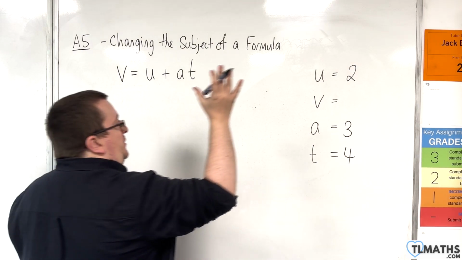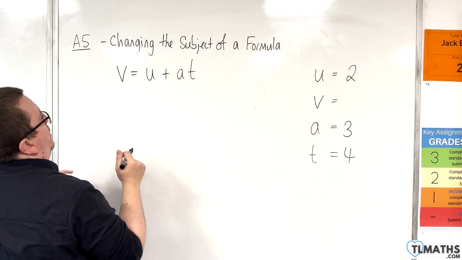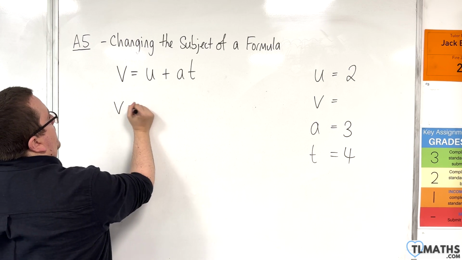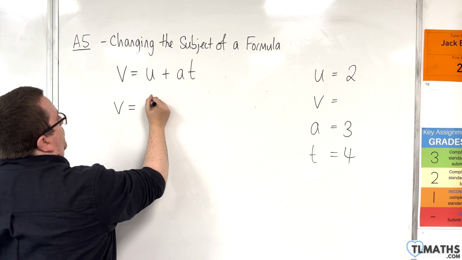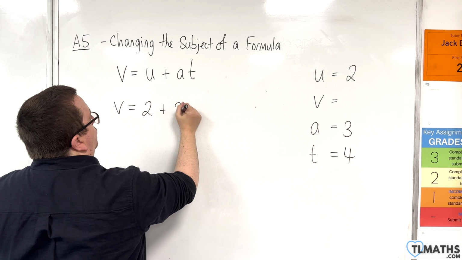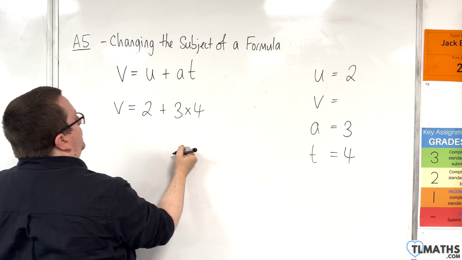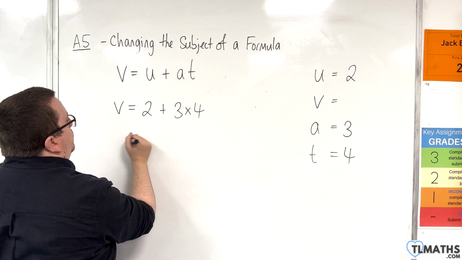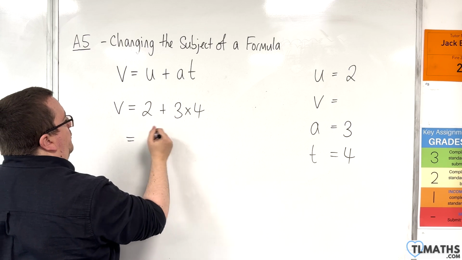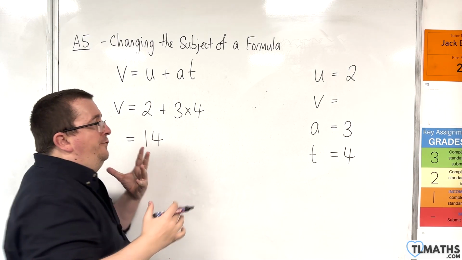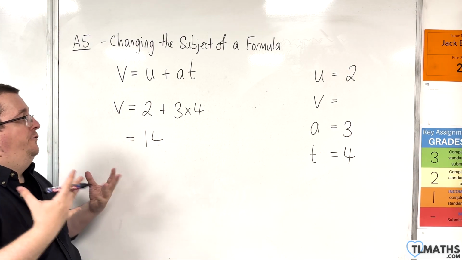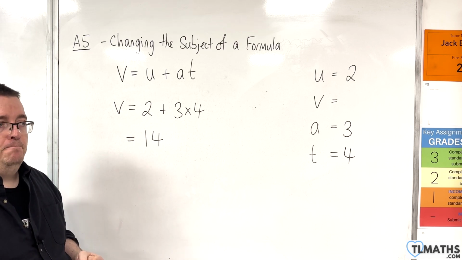So I can substitute that information into my formula to work out V. V is equal to 2 plus 3 times 4. So V would be equal to 2 plus 12, which is 14. So the final velocity would be 14 meters per second.